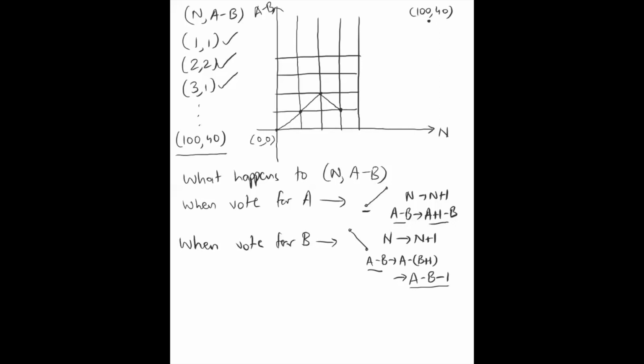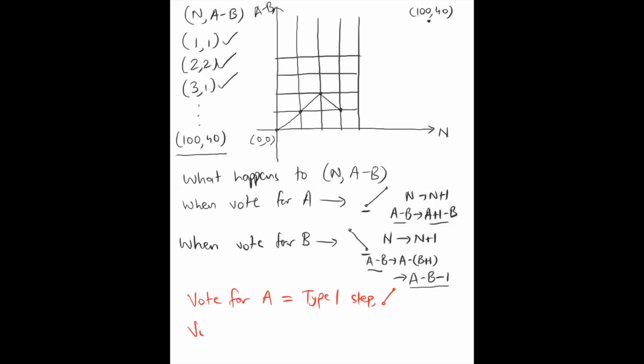So when there is a vote for A, there is a step of this form, and when there is a vote for B, there is a step of this form. To use the language we used before, a vote for A is the same as a type 1 step. I'll draw that type 1 step. This is what you get.